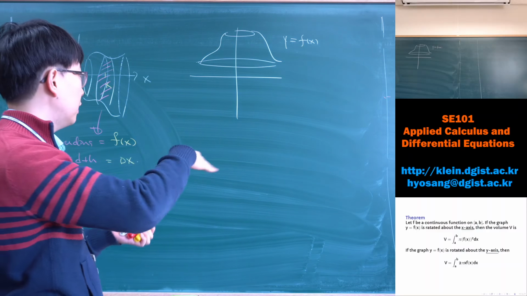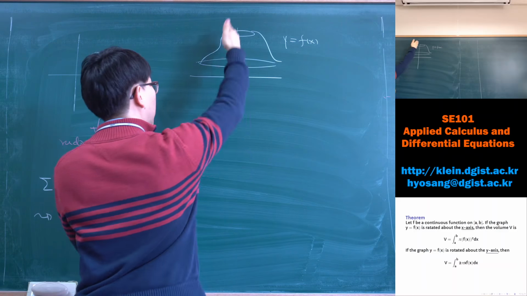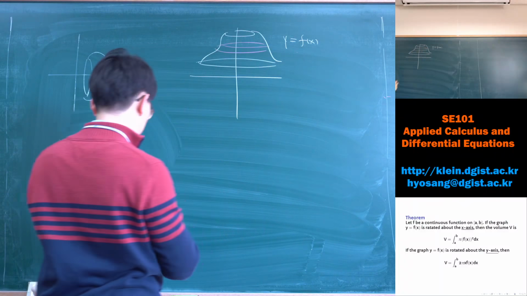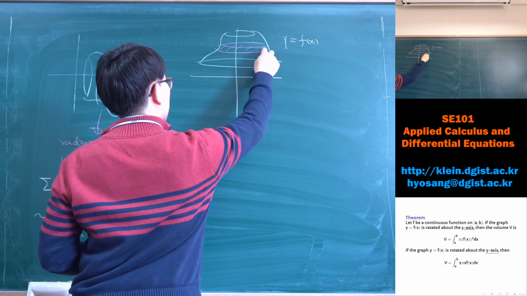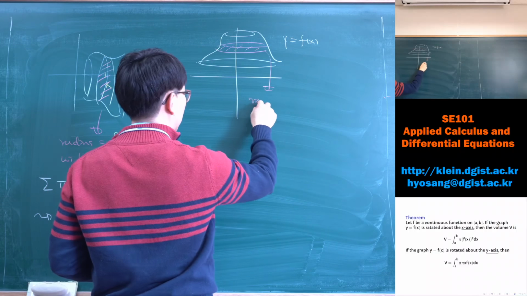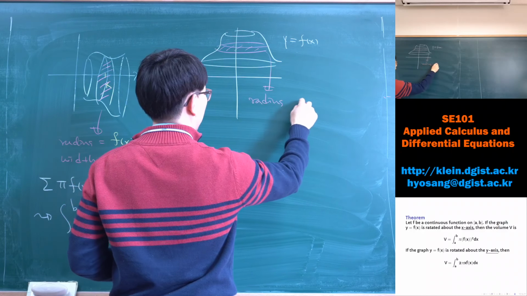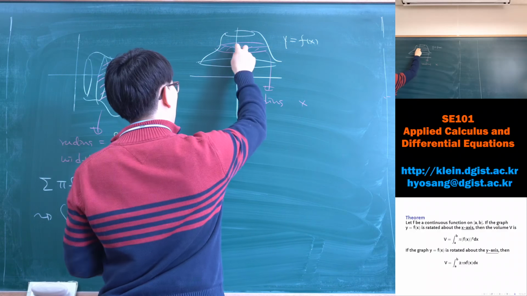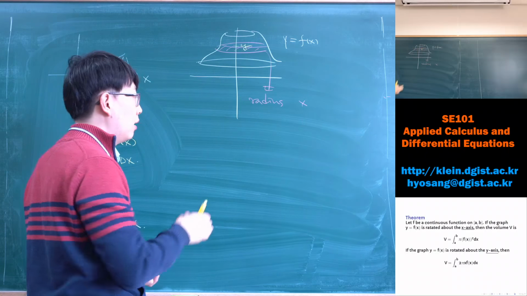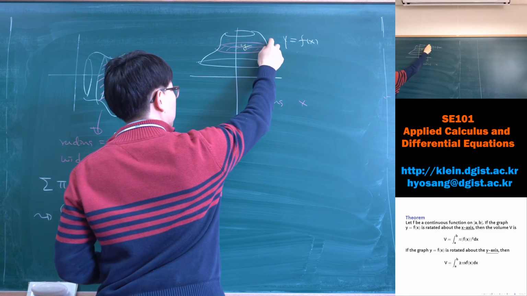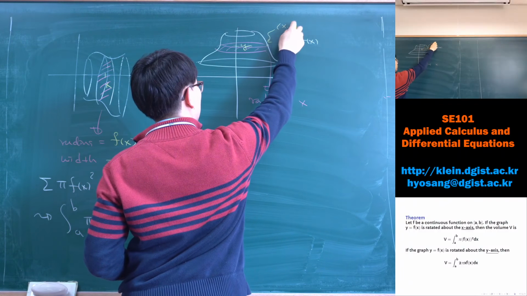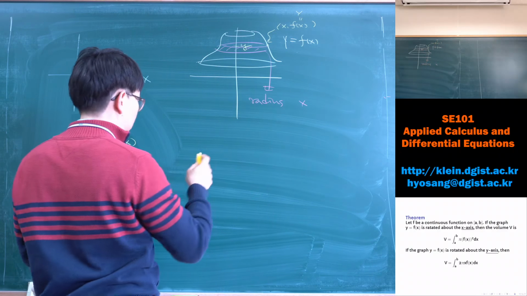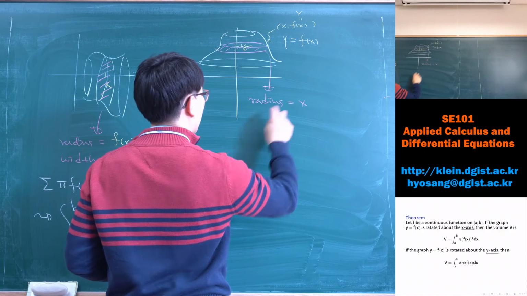In this case, you're going to take a slice perpendicular to y-axis. So this is the slice. So this slice has radius x, right? So when slice is at y, you have an x, so this point is x comma f of x, which is y. The radius is x, okay?